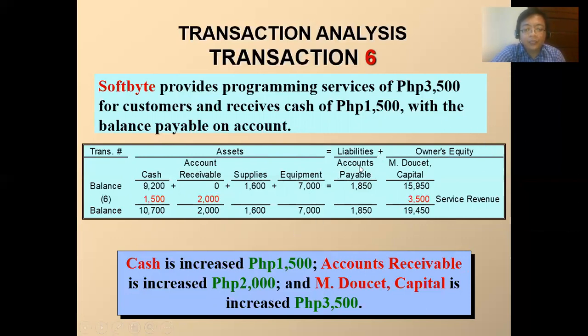How about liability and your owner's equity? 21,300 ba? Yes, so same. Same pa rin. 21,300. Okay, ang sabi dito, cash is increased by 1,500, AR by 2,000, and addition to your service revenue worth 3,500. Alright.